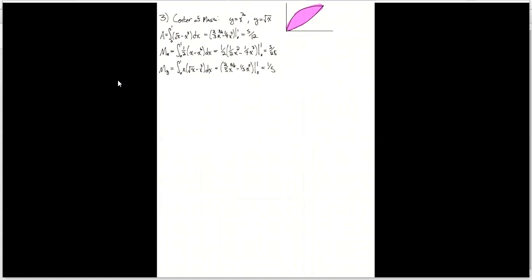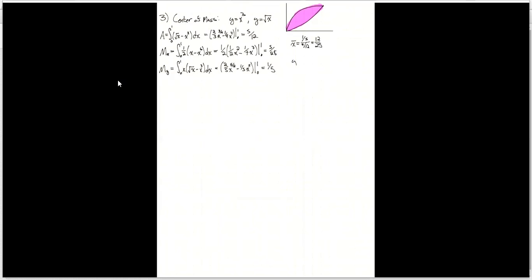So now we have all the necessary values to find our x bar and y bar. So x bar is going to be 1/5 over 5/12. And this gives us a value of 12 over 25.